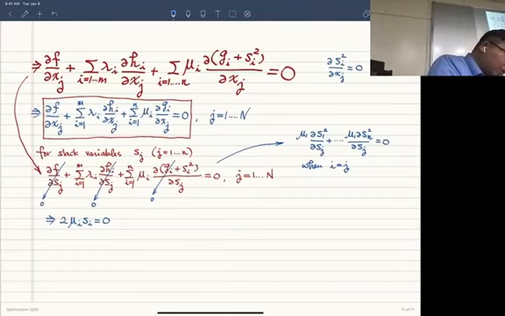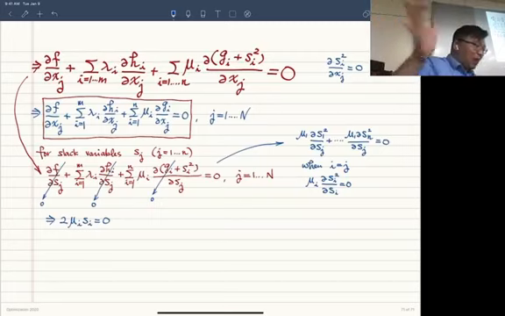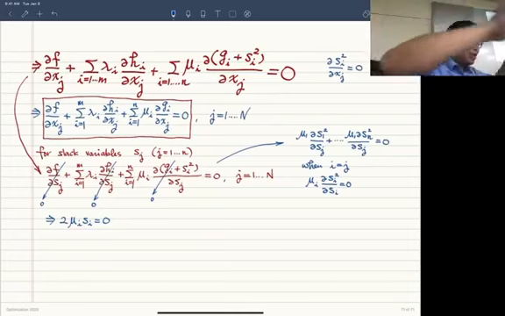So mu_i partial s_i squared over partial s_j, where i now equals j, equals 0. Only this one will remain. The rest are 0, because the rest of them become 0 by derivative.